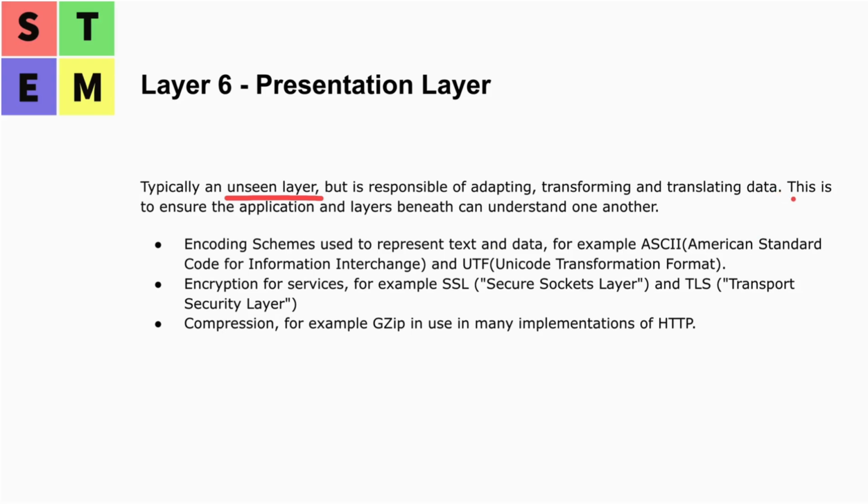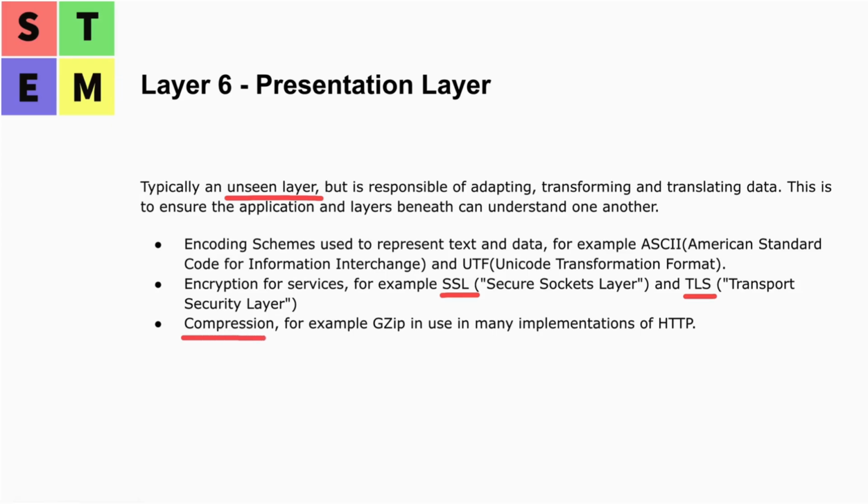So here it says the function. This is to ensure the application and layers beneath can understand each other. All right. So we are talking about ASCII code, UTF, and encryption for services, for example SSL and TLS, transport layer security.